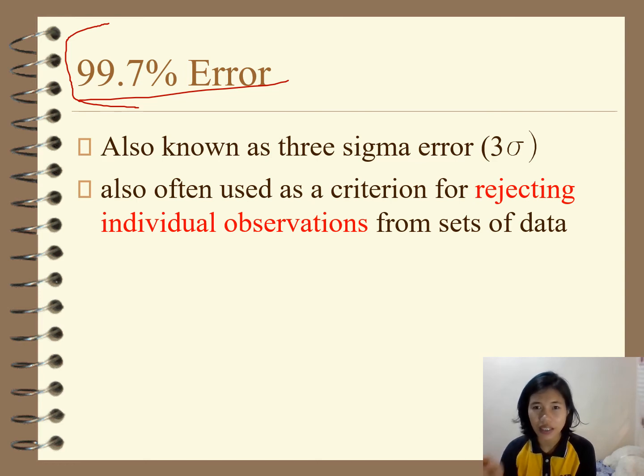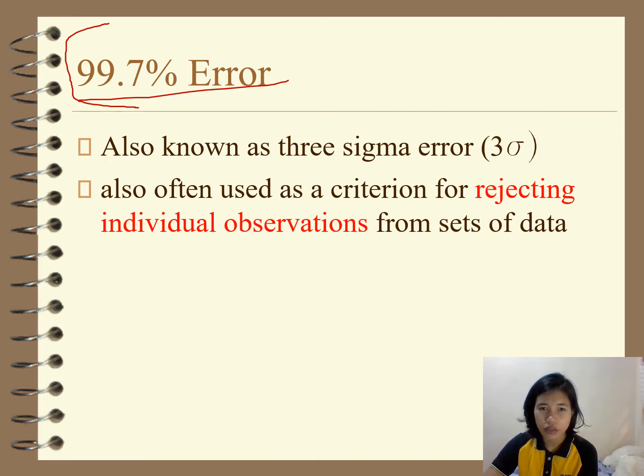So, you need to remove it from your data so that there are no mistakes, to avoid large types of errors. So, this is the use of the E99.7%. It determines which data is wrong and can be removed from the data. This is also known as the 3 sigma error.